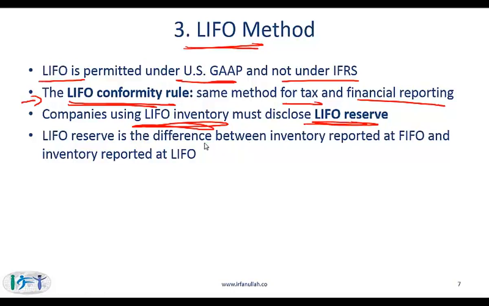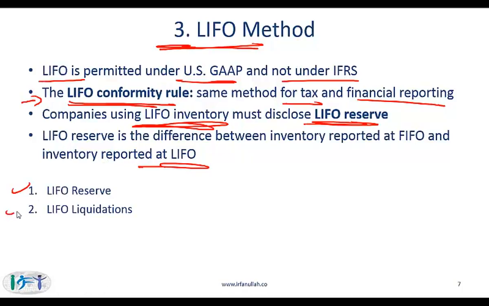LIFO reserve is the difference between inventory reported at FIFO versus inventory if it were reported using the LIFO method. This particular section, section 3, has two subsections. Section 3.1 will get into the details of LIFO reserve, and then section 3.2 will deal with LIFO liquidations.